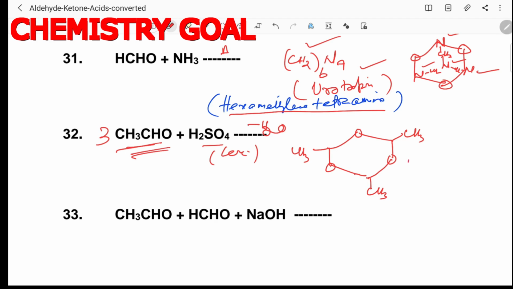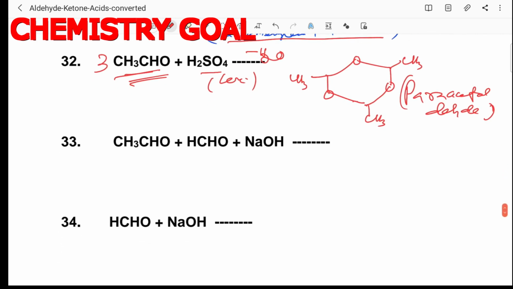This is called para-acetaldehyde. Para-acetaldehyde is produced when acetaldehyde is heated in presence of concentrated sulfuric acid. Okay, this is also an important condensation product.